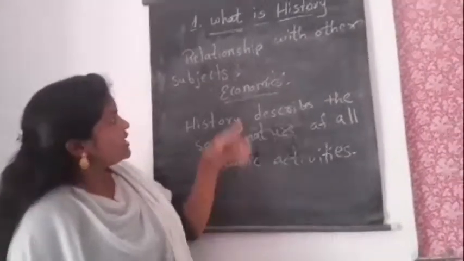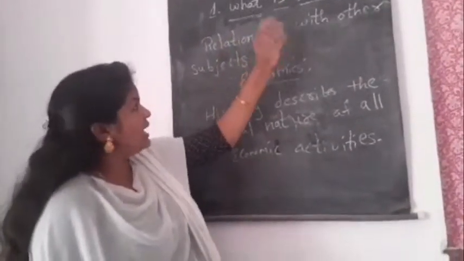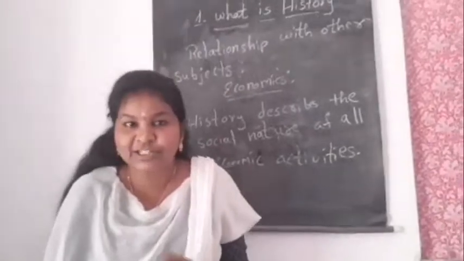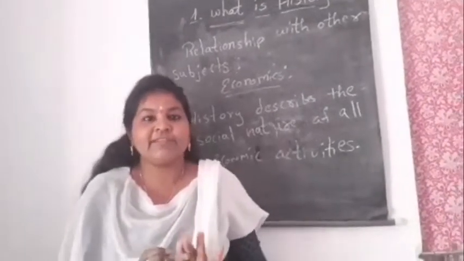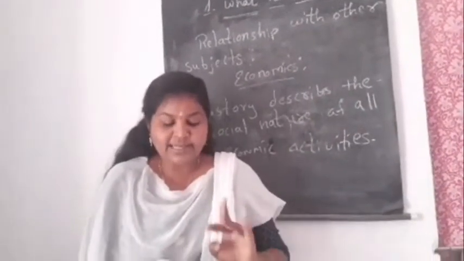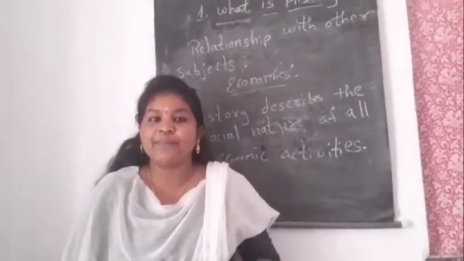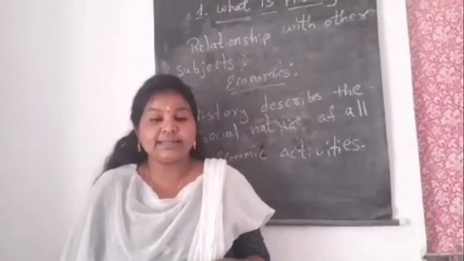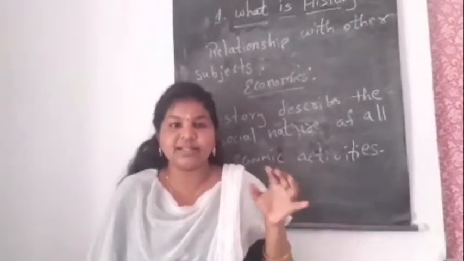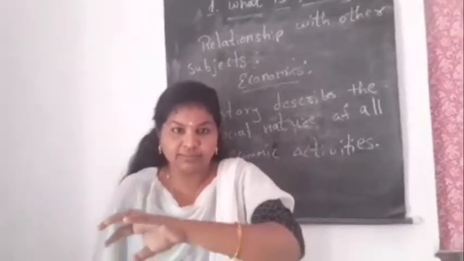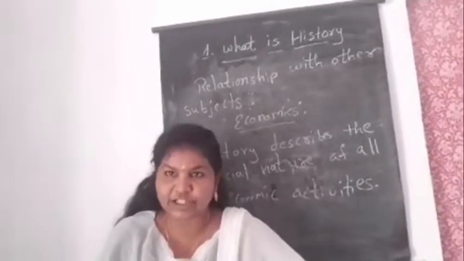Okay, clear? We are discussing the relationship with other subjects. What are the other subjects? One is literature, second is political science, third is geography, and fourth is economics. What is the meaning in this relationship with other subjects, related to the definition of the textbook?